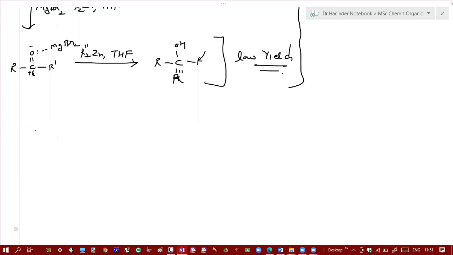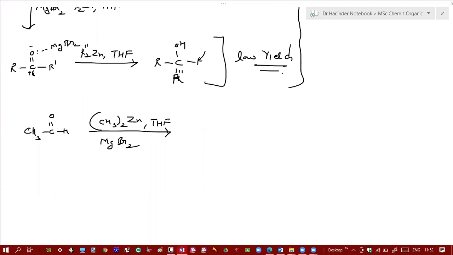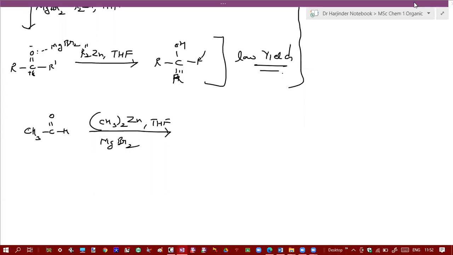Suppose we treat acetaldehyde with dimethyl zinc in magnesium bromide. What product will form? Secondary alcohol.